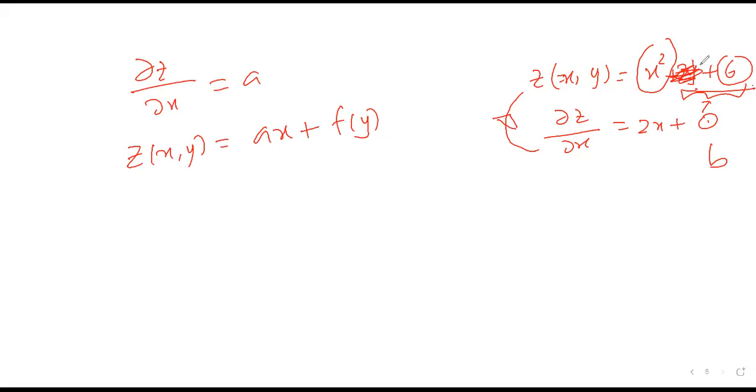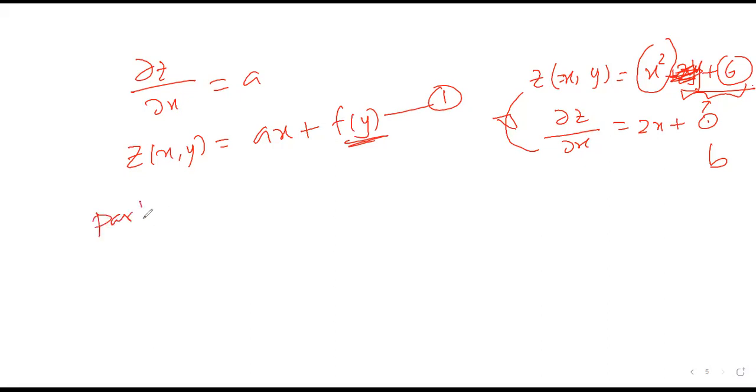You have to take some function of y. Then this is one of the equations, let's say, but we still don't know f; a is whatever we took. a is fine. We have f of y, so we have to solve again.